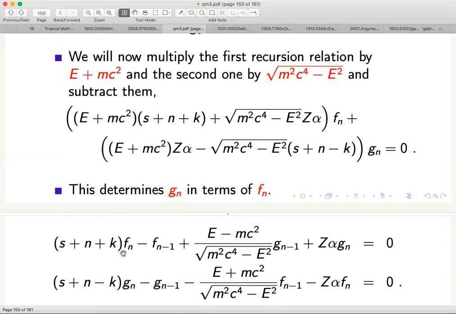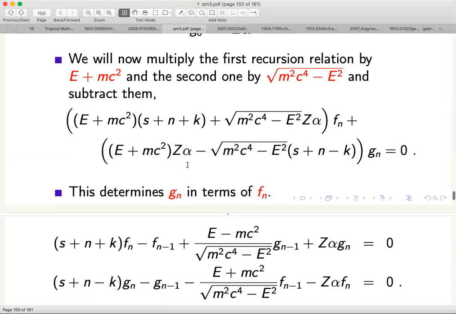So what you have is two terms: one term involving e plus mc squared times this factor and a square root multiplying the z alpha factor, which is multiplied by fn, and a similar quantity for gn. It's just that they go opposite. E plus mc squared is multiplying this quantity, whereas e plus mc squared is multiplying z alpha here. Good, so this is the equation.